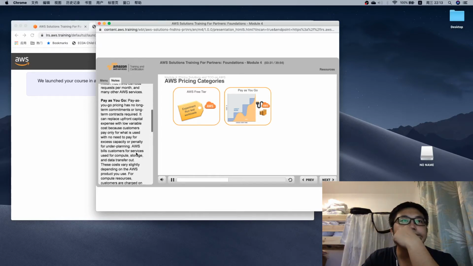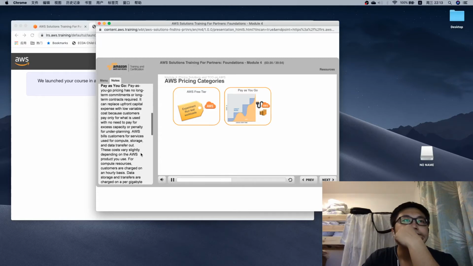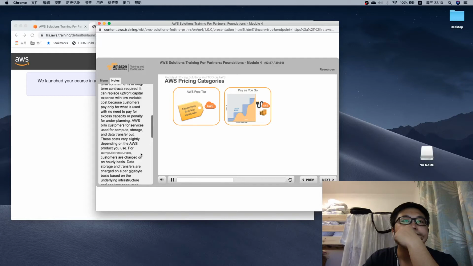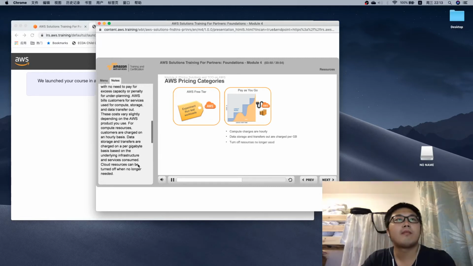These costs vary slightly depending on the AWS product you use. For compute resources, customers are charged on an hourly basis. Data storage and transfers are charged on a per gigabyte basis based on the underlying infrastructure and services consumed. Cloud resources can be turned off when no longer needed.